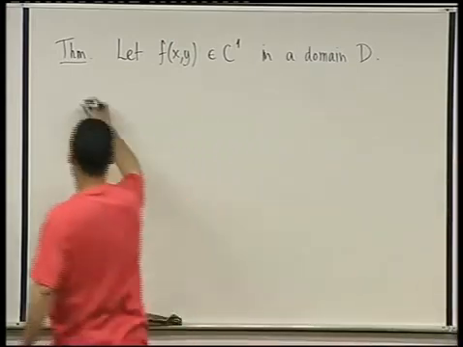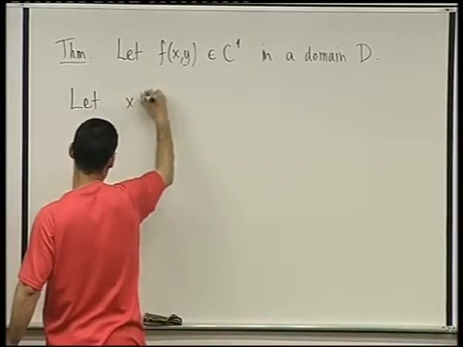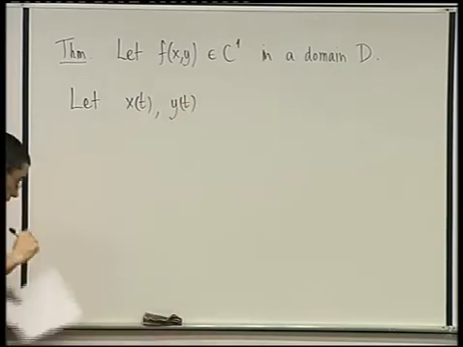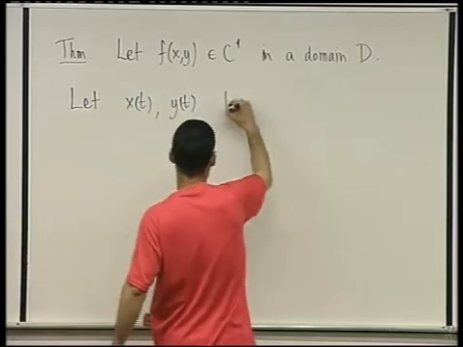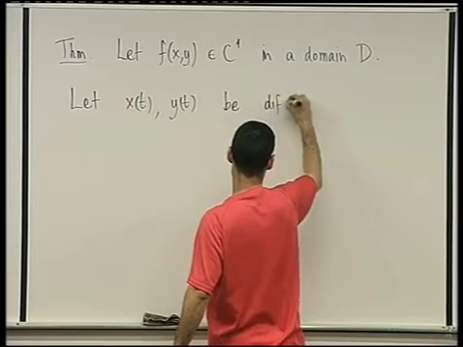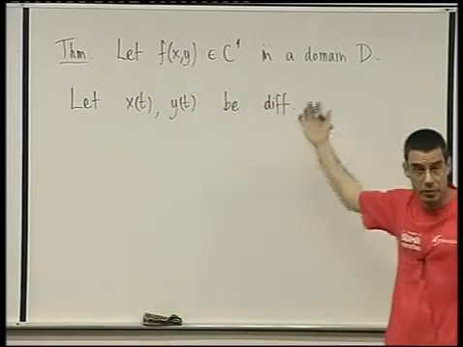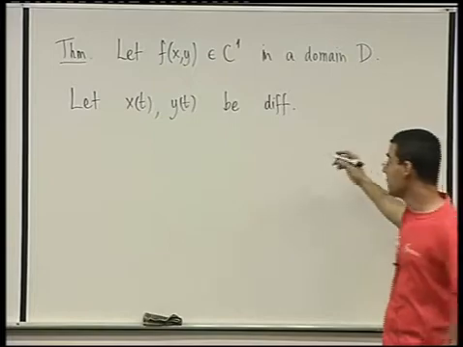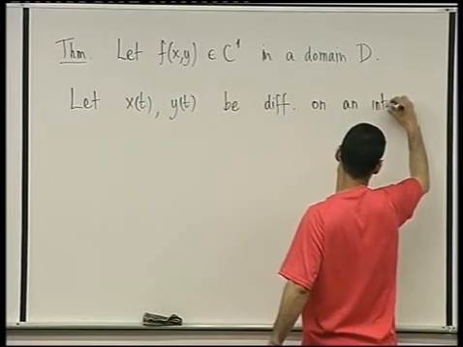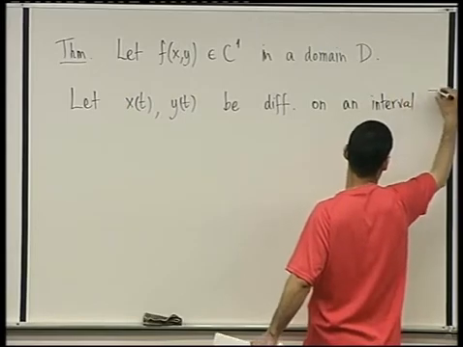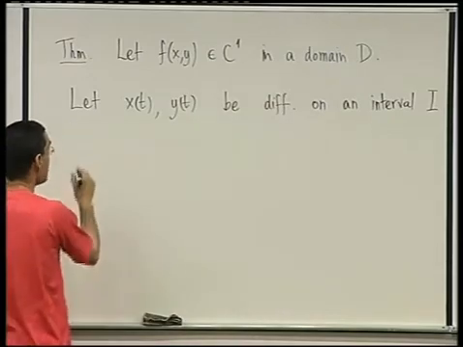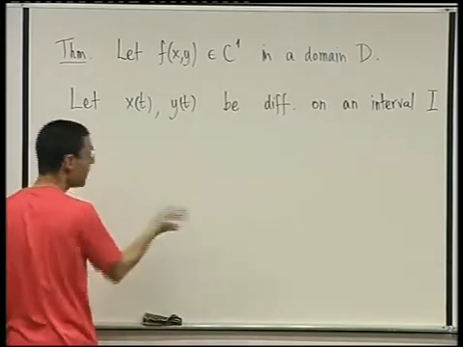And let x(t) and y(t), note that these are single variable functions, be differentiable in the single variable sense. They have derivatives, x prime of t and y prime of t, on an interval, which we're going to call I for interval, D for domain, such that we can compose.